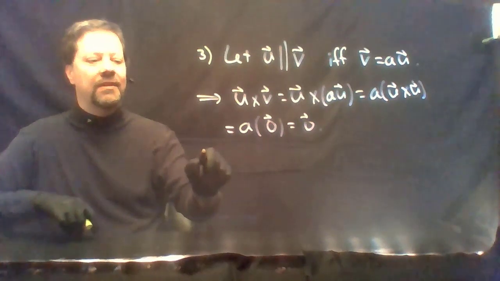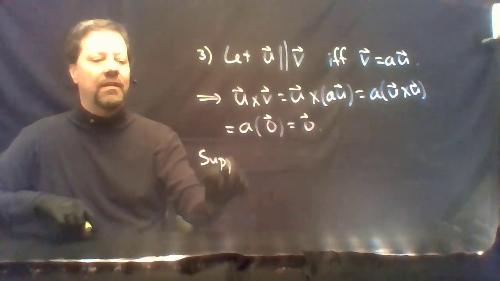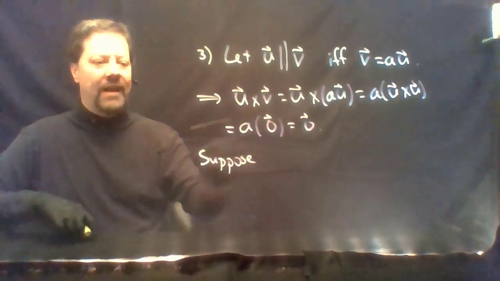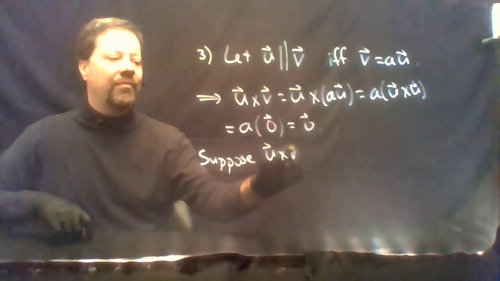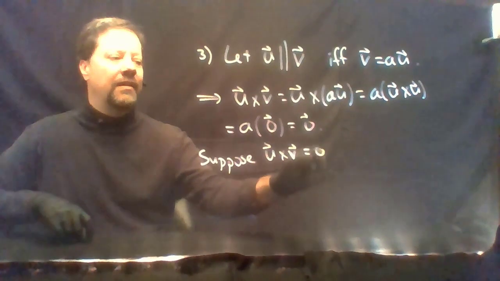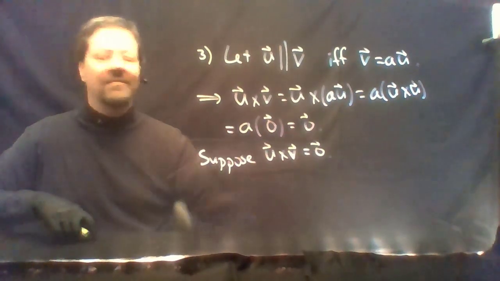Also, we have to go the other direction. Suppose U cross V is the 0 vector.